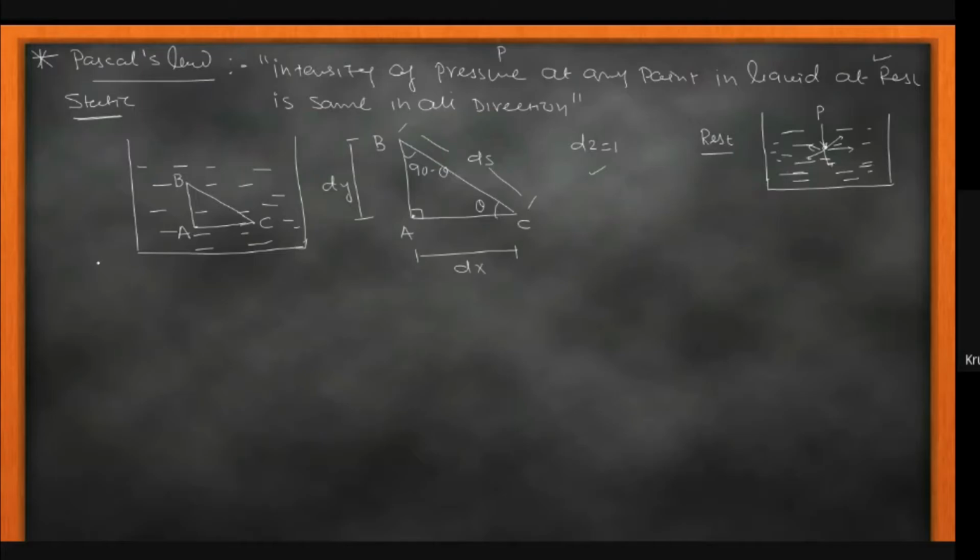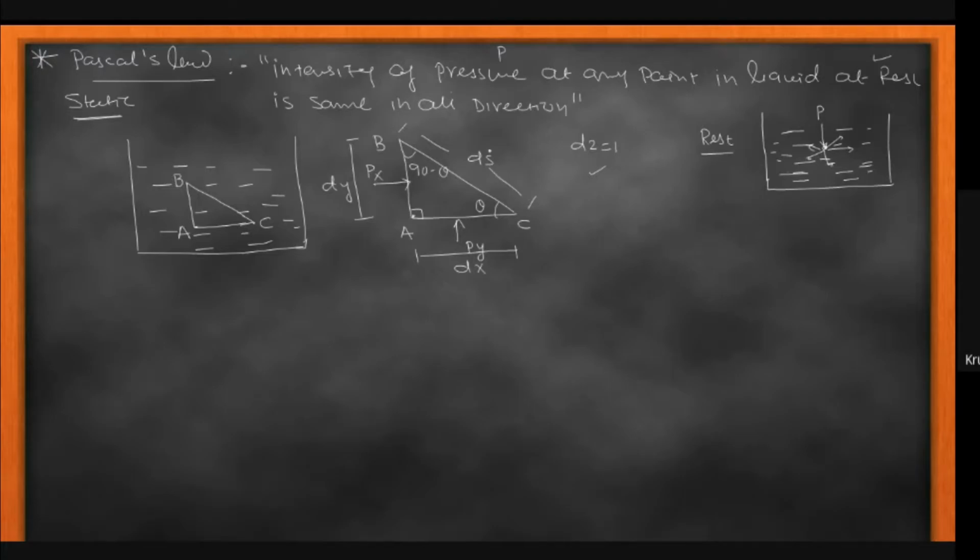We are going to start the derivation. Here the pressure exerted on the AB face, I'm taking as Px because it is in the x direction. Here it is parallel to the y direction and perpendicular to x, that's why I call it Py.